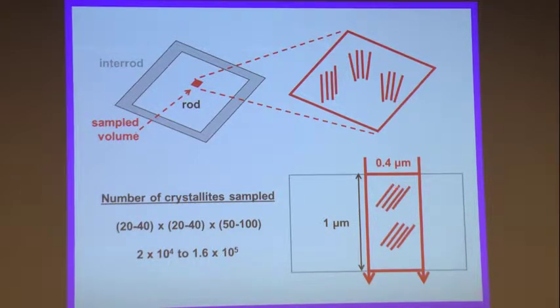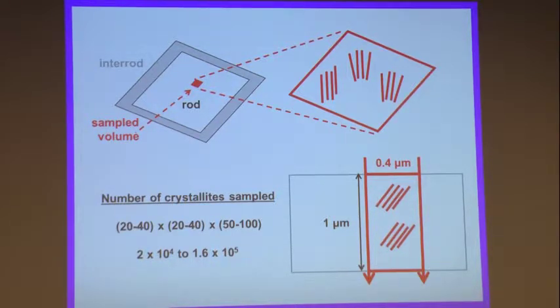This is the width, and this just shows that the crystallites may not be running along the sampling volume. So we end up sampling 2 times 10^4 to maybe 1.6 times 10^5 crystallites within this 0.4 micron by 0.4 micron by 1 micron thick sampling volume.